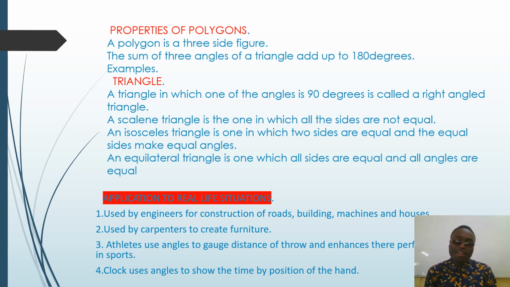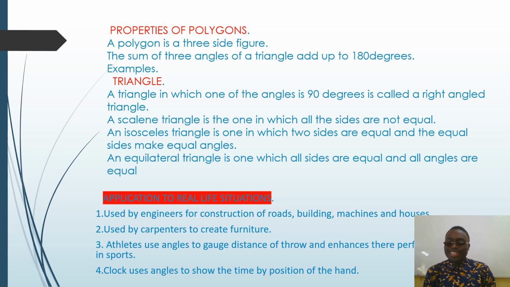Number two, we have used by carpenters to create furniture. Number three, athletes use angles to gauge distance or throw and enhance their performance in sport. And the last one is clocks use angles to show the time by position of hands.